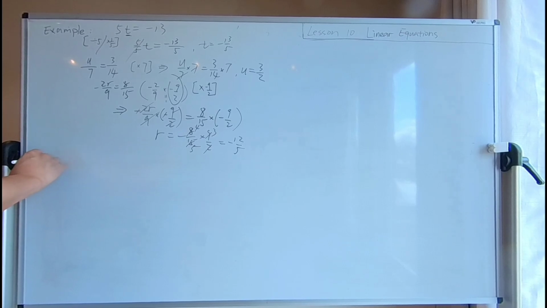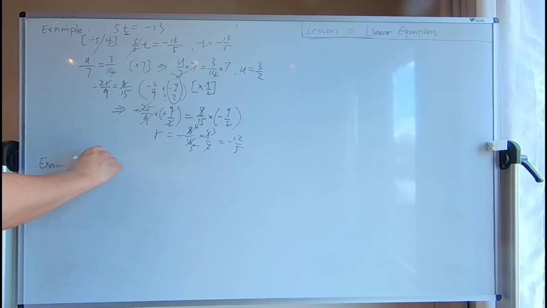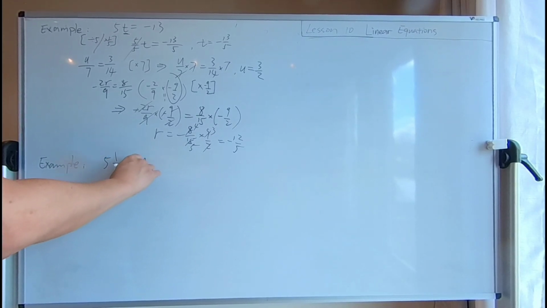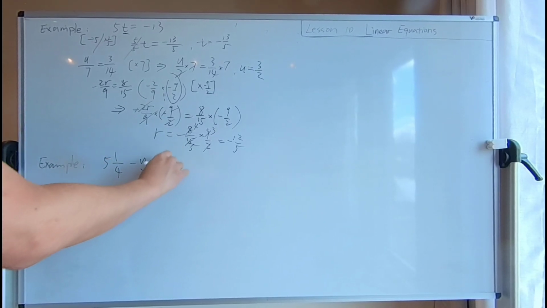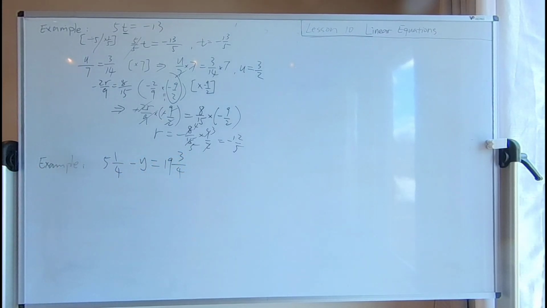Okay, next example. I have 5 and 1/4 minus y equals 19 and 3 over 4. This time I'm showing a different way by moving the variable to the other side of the equation first.